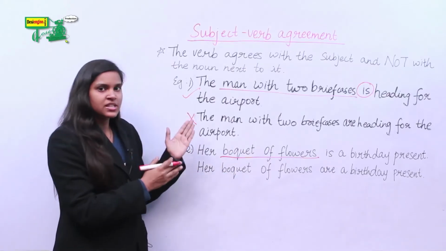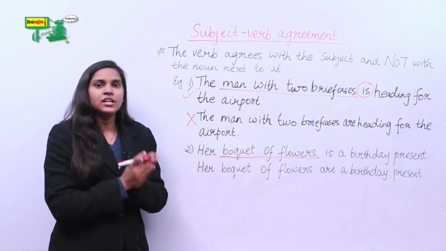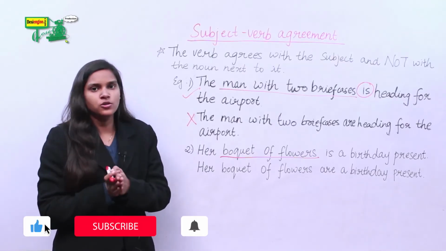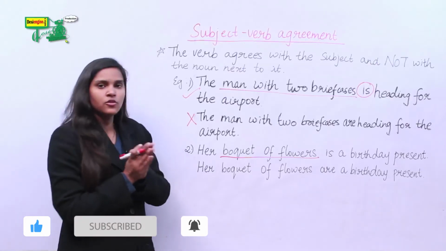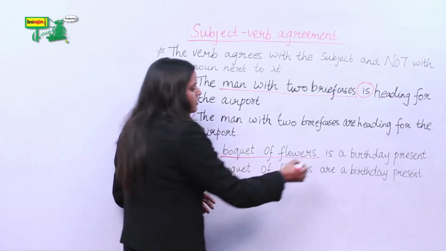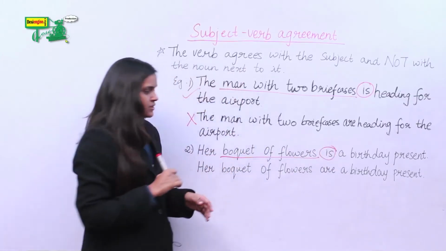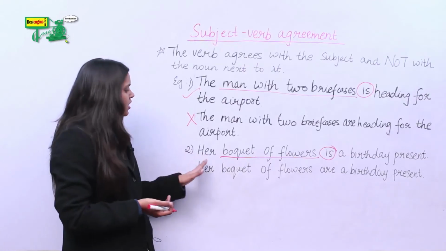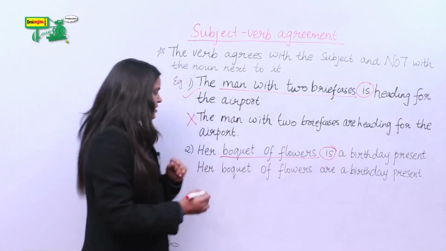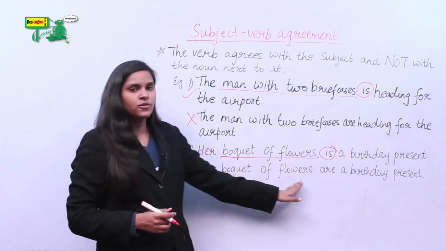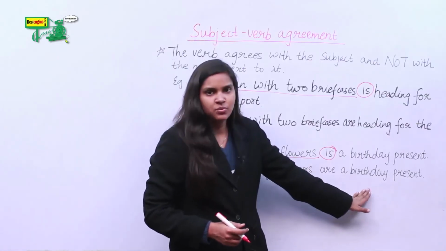Therefore, what the rule says is the verb agrees with the subject. Therefore, our verb should also be singular. Therefore, is. And that's why this statement is correct: her bouquet of flowers is a birthday present. Whereas this statement, her bouquet of flowers are a birthday present, is wrong.